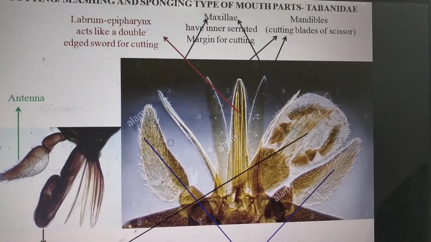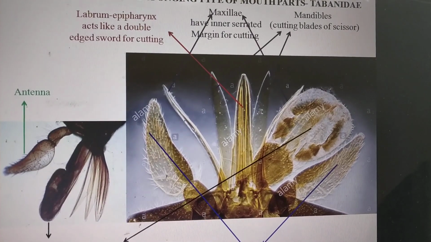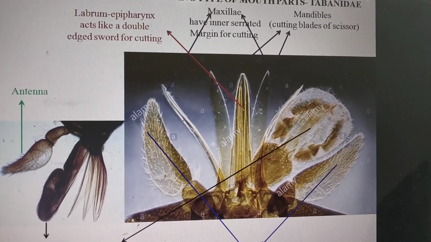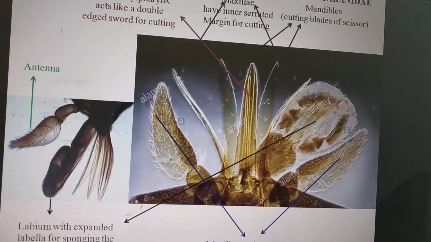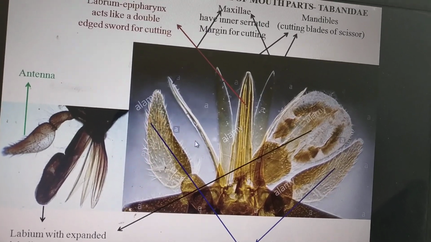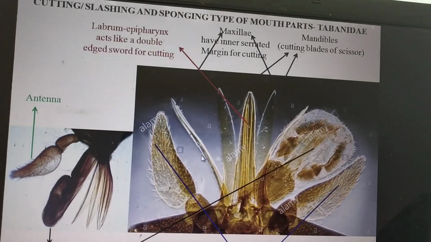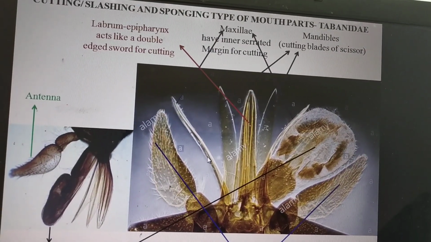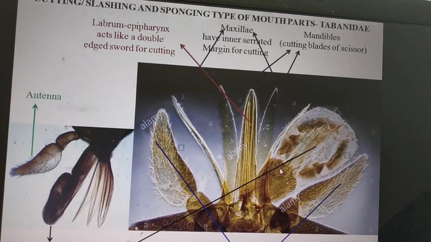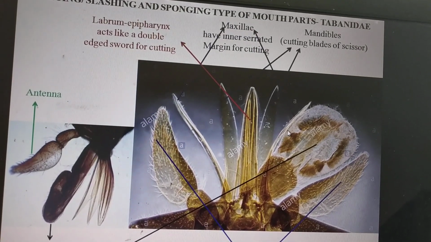So what are the structures you see here? On the extreme left side, as you can see, is the labrum. These are the maxillae. This is the first maxilla, and here is another maxilla.